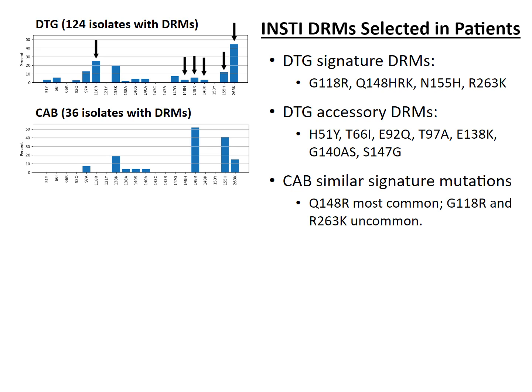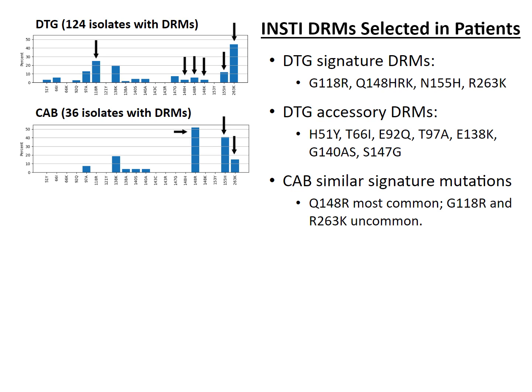The most common accessory mutations include E138K, T97A, and G140A and S. Other less common drug resistance mutations include H51Y, T66I, E92Q, and S147G.